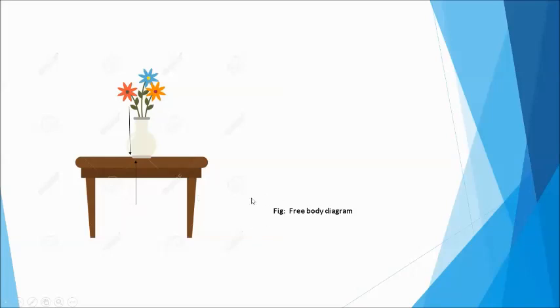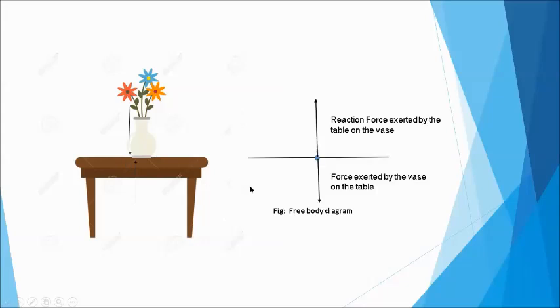A free body diagram is a diagram that shows the different forces acting on objects and the directions in which they're going. So for this force pair, this is its free body diagram. Remember, at the origin we put the tails of the arrows to start.